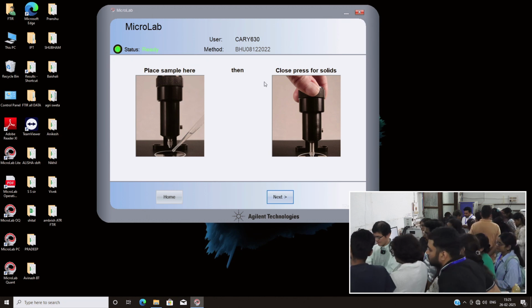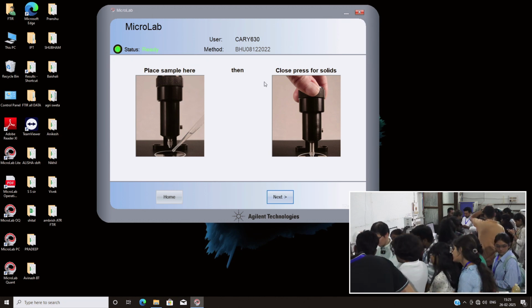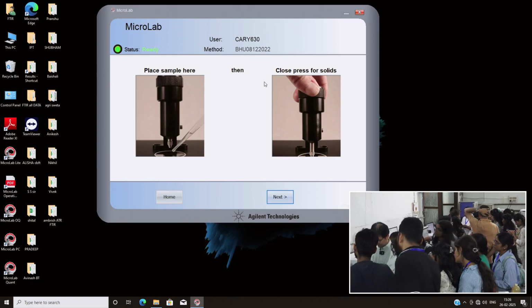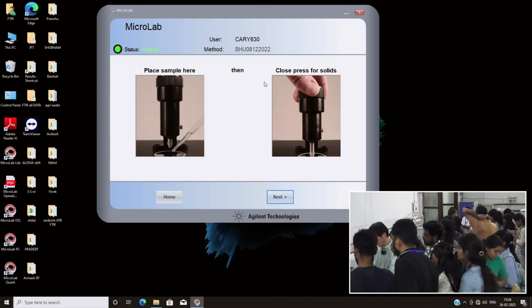Okay, the sample is 5 molar fructose solution, and 10 microliter is put on the prism.